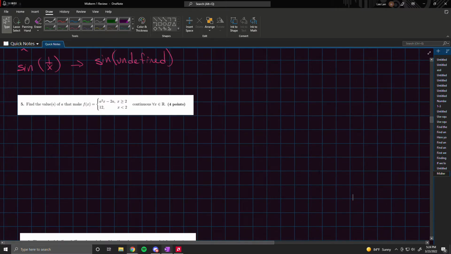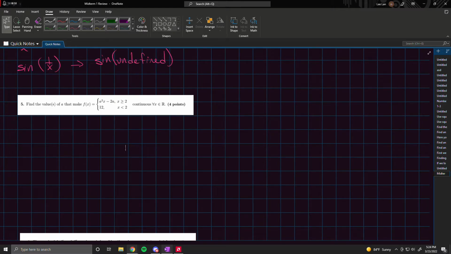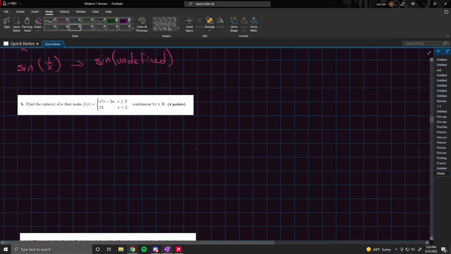Anyway. So number 5, find the values of a that make function of x, what is it called? I can't exactly remember what these are called, composite functions maybe? No, I don't think that's right.